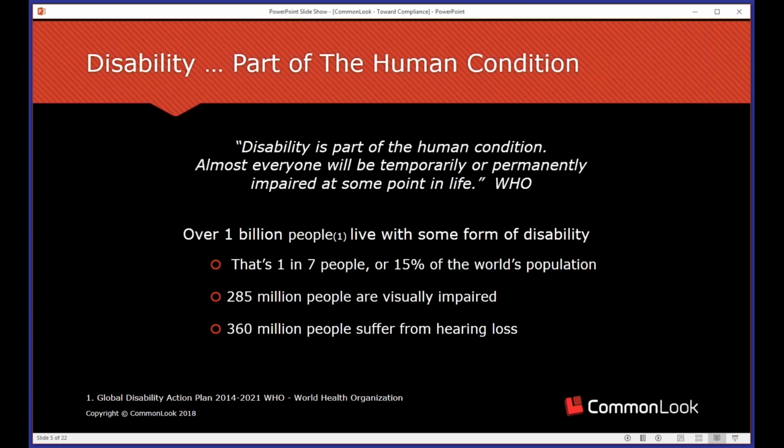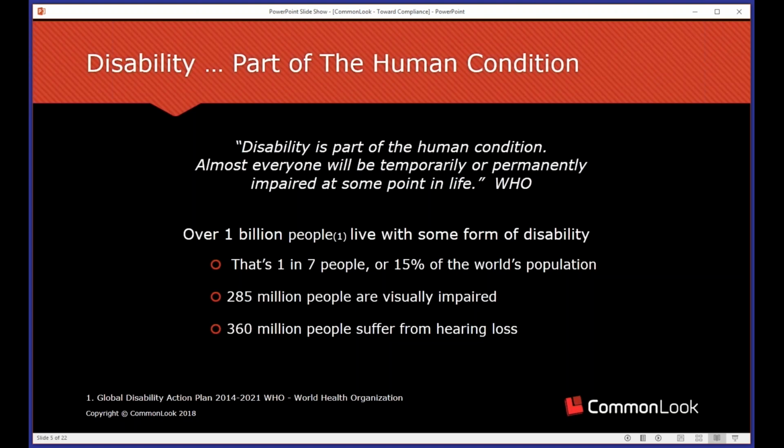There are other things not on this slide that I could mention, like the fact that women, the elderly, and the poor are disproportionately affected, or that children from poorer households, indigenous populations, and people in ethnic minority groups are at a significantly higher risk of having a disability. But you know what?